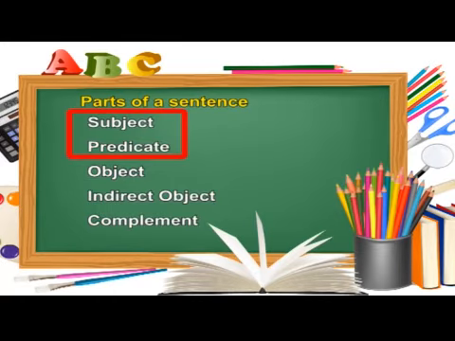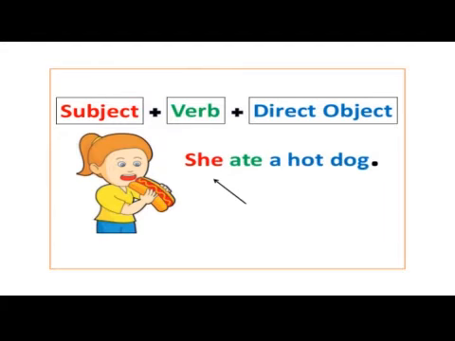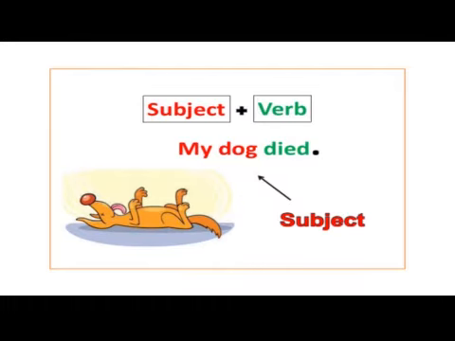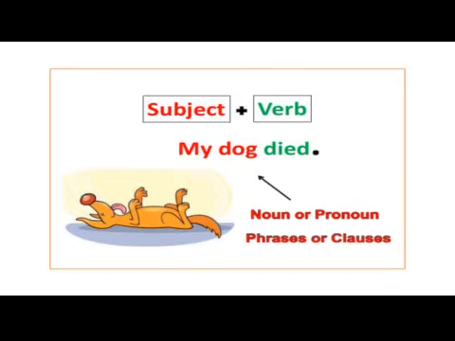The two most basic parts of a sentence are subject and predicate. The subject of a sentence is the person, place, or thing that is performing the actions of the sentence. The subject represents what or whom the sentence is about. The simple subject usually contains a noun or pronoun and can include modifying words, phrases, or clauses.